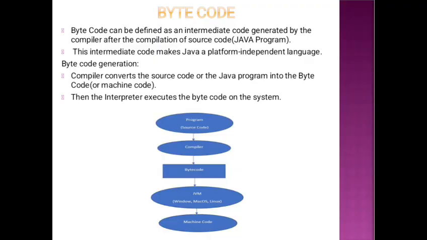Next, move on to bytecode. Bytecode can be defined as an intermediate code generated by the compiler, that is the class file, after the compilation of source code. This intermediate code makes Java a platform independent language. Other languages are compiler dependent, but Java is independent. Bytecode is the real power of the mechanism which makes Java a platform independent and portable programming language.